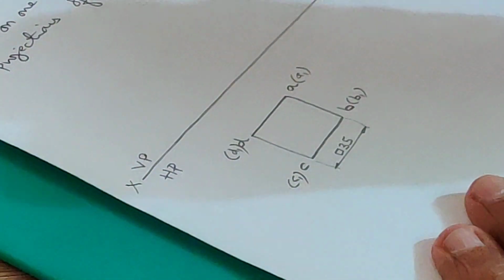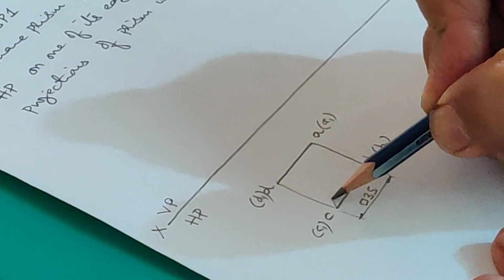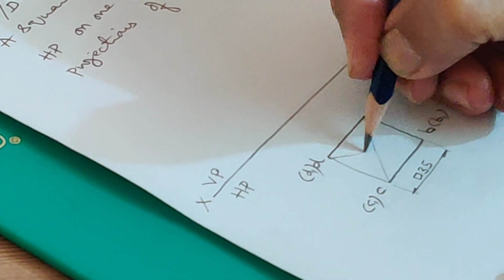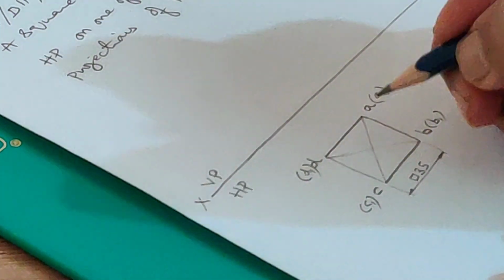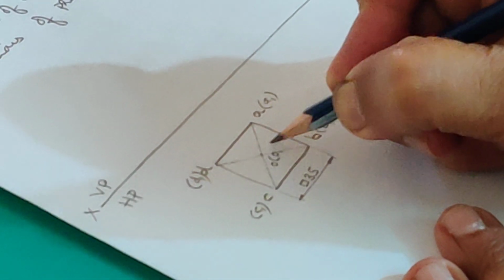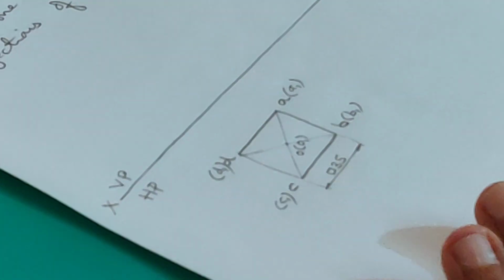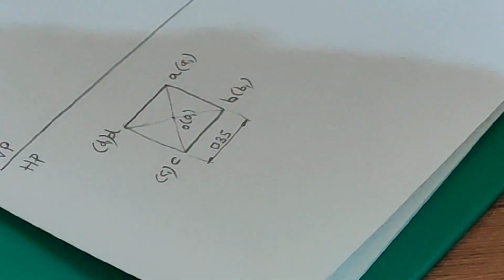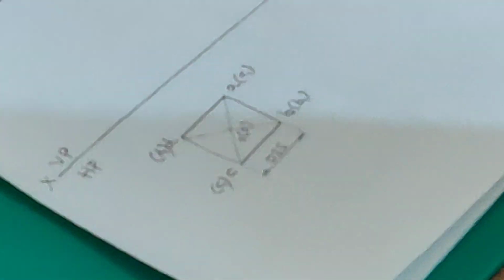Now let me show you the axis also in the top view. Let us find the center of the square by connecting the diagonals. These lines will be drawn thin. Wherever they intersect, you get the center, that is represented by O1. So axis is in fact a line, but the line appears to be a point here in the top view.